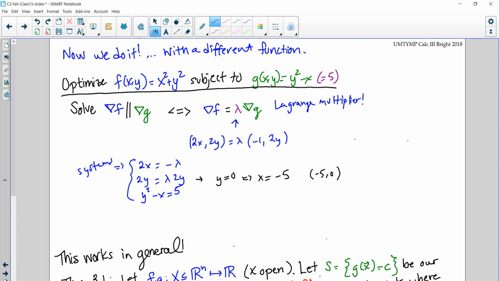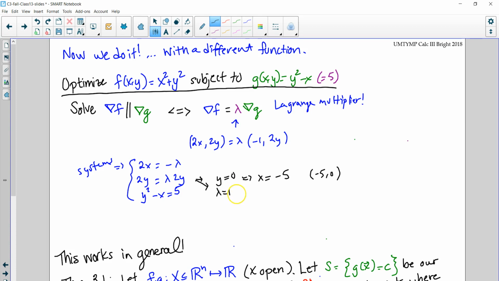Alright, and then if I go ahead and look at the other one, I could use the other equation, or actually I could recognize that this is an either-or condition, so a value of y equal to 0 would solve this, or similarly, if I have lambda equal to 1, that would also solve it.